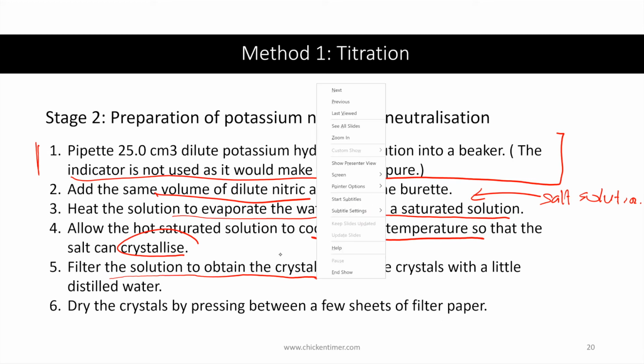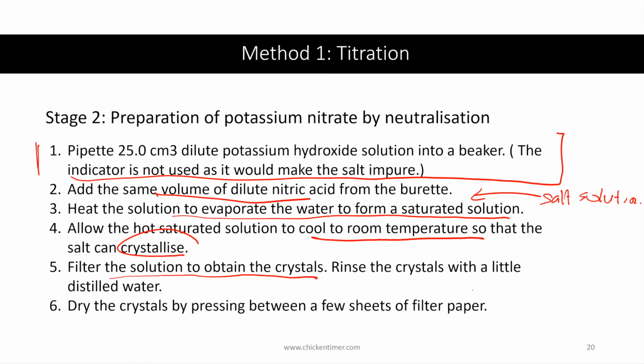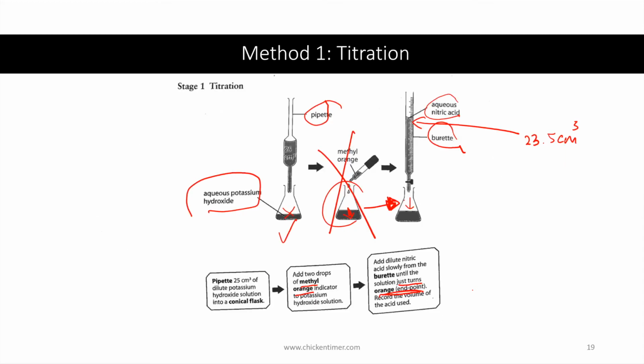Then after that, you dry the crystals by pressing between a few pieces of filter paper. That is titration. They will expect you to write all the steps if they ask you to describe.